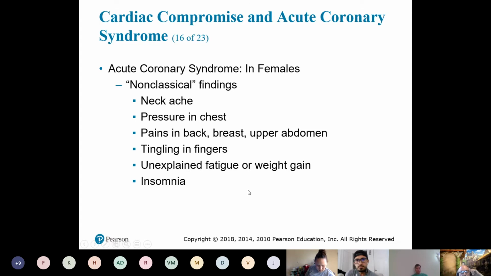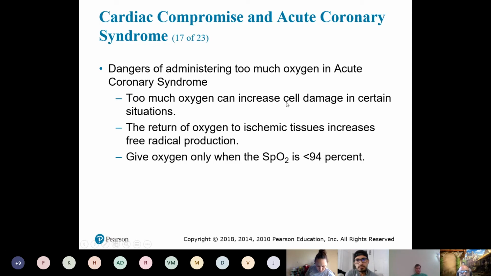So I talked about females, non-classic. We've talked about what happens when you give too much oxygen, right? Yes. And that is free radicals. And what do the free radicals do to the body? They damage the tissue. What part?